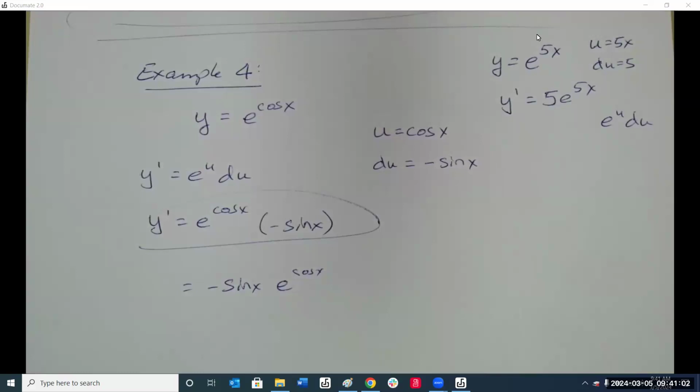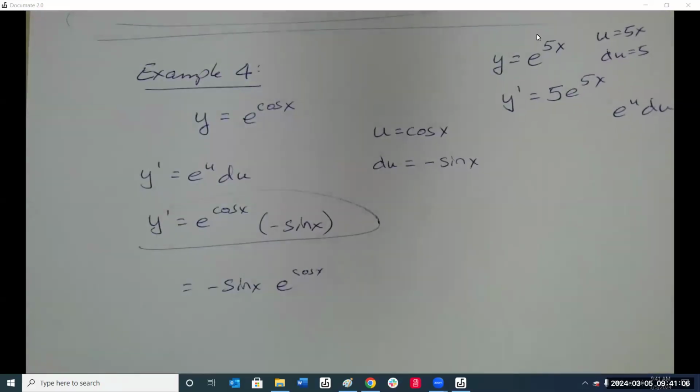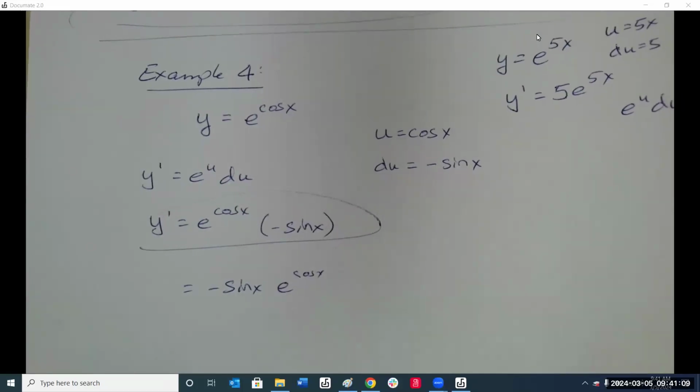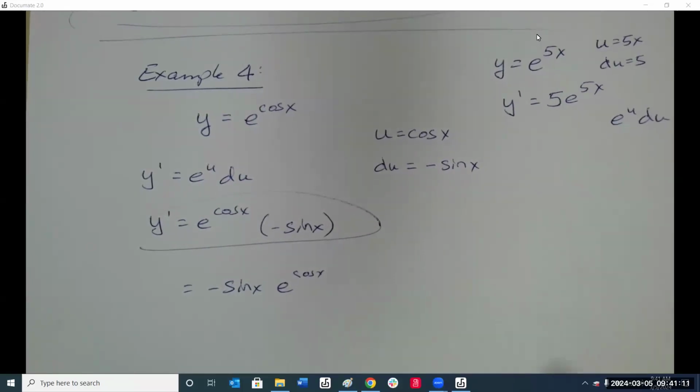So far, so good. Are we getting better at this? What if you had to use the chain rule a couple of times? That's what this next part is. It says repeated use of the chain rule.